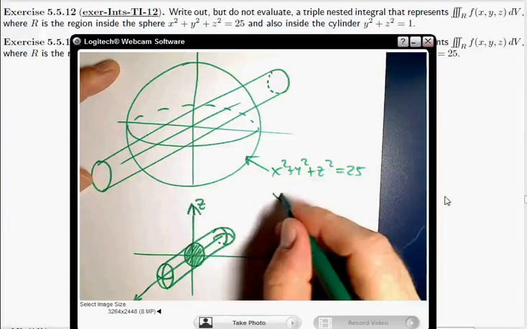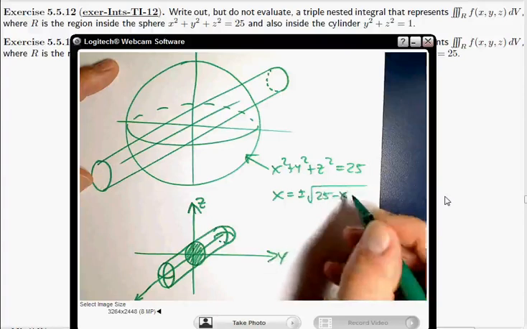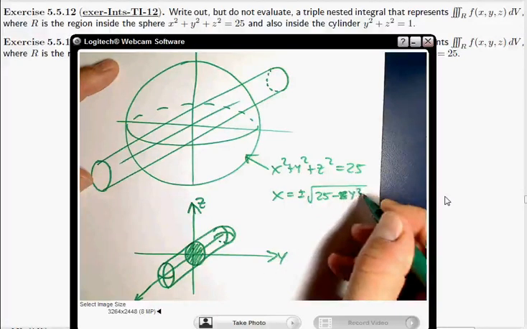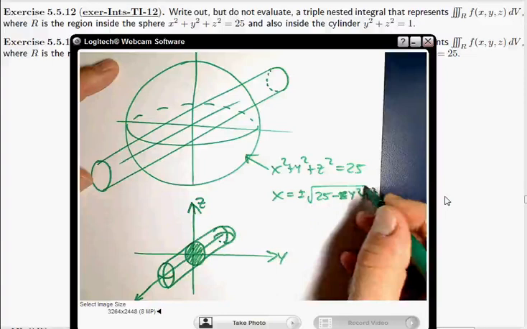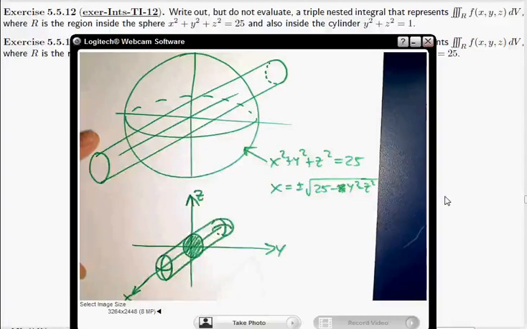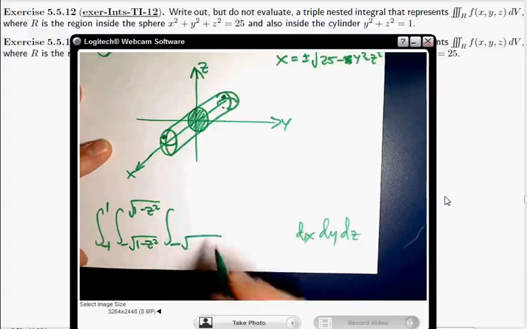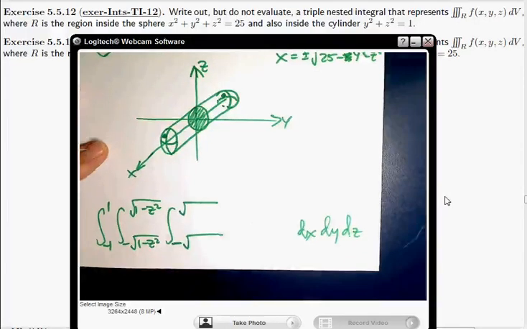And that's easy. x is plus or minus square root of 25 minus y squared minus z squared. The plus is the point over there, and the minus is the point back there. Namely, the plus is the upper bound for x, the minus is the lower bound for x. So just negative square root to square root.